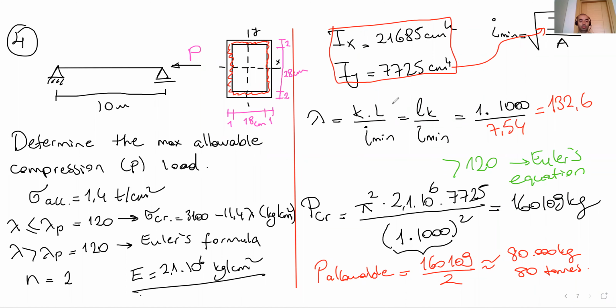This question format is easy. So we calculate the slenderness, which is lambda. Slenderness directly deals with the LK over i min. So we calculate it, and according to the slenderness, we decide the calculation method. Depending on the slenderness, we may use the empirical equation.